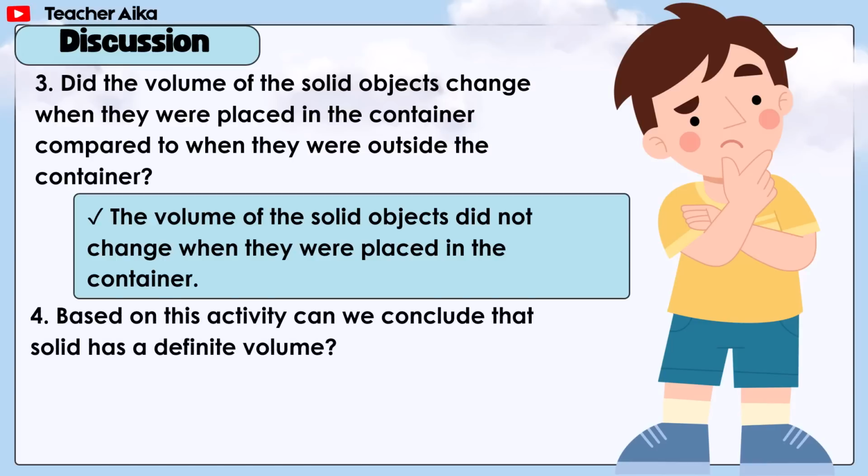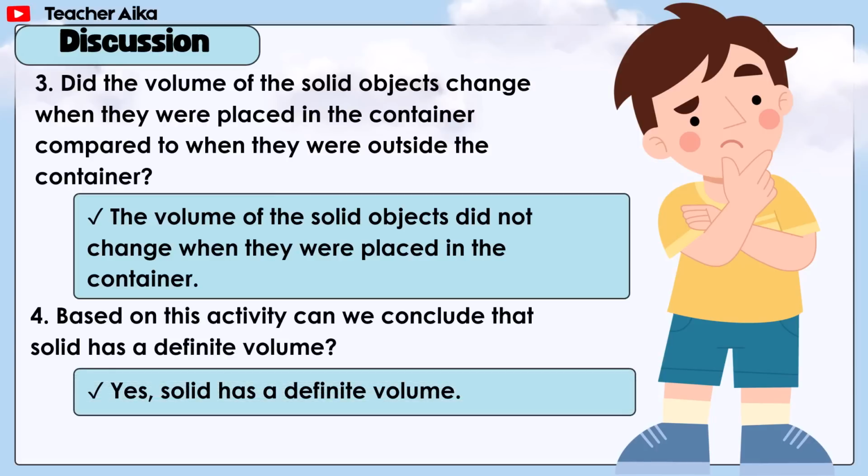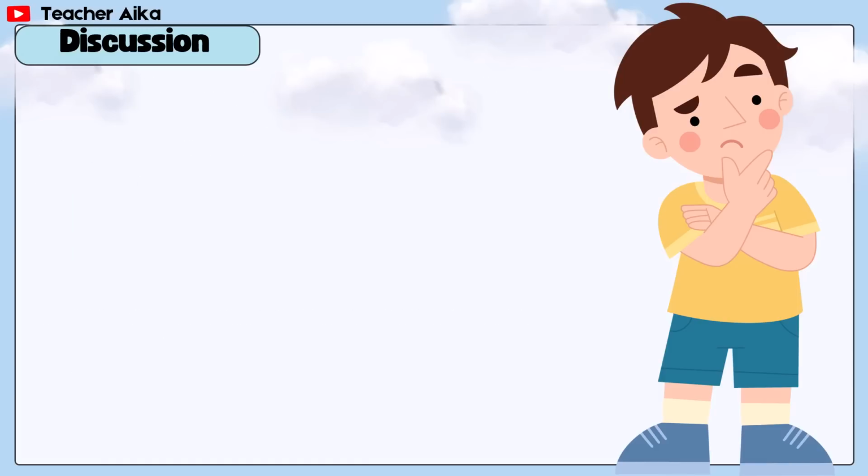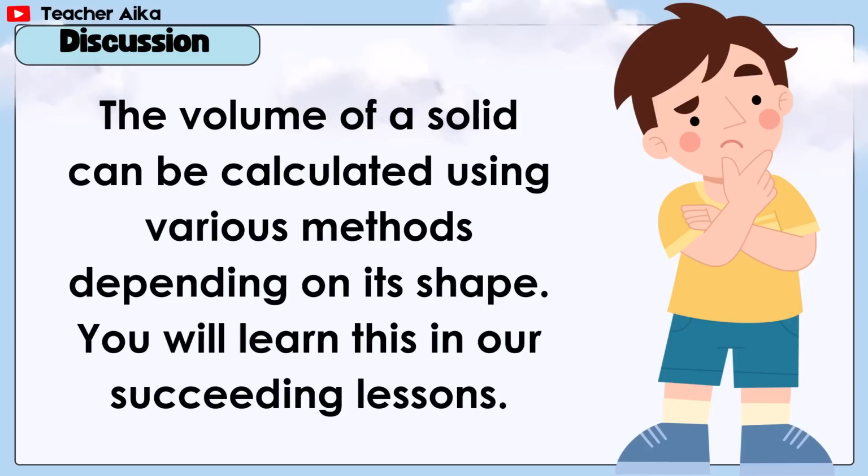Based on this activity, can we conclude that solid has a definite volume? Answer: yes, solid has a definite volume. The volume of a solid can be calculated using various methods depending on its shape. You will learn this in our succeeding lessons.